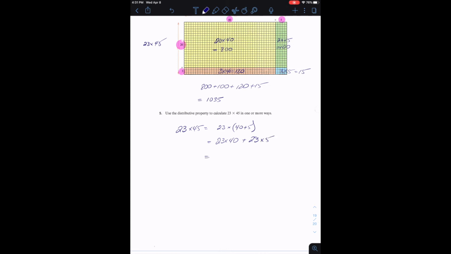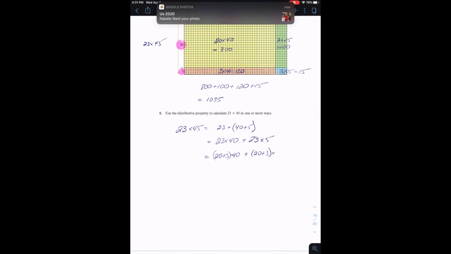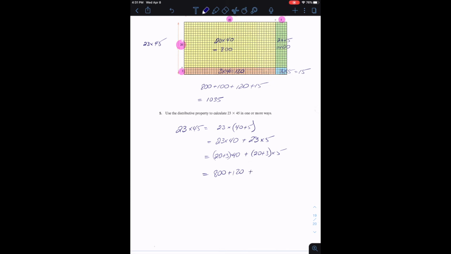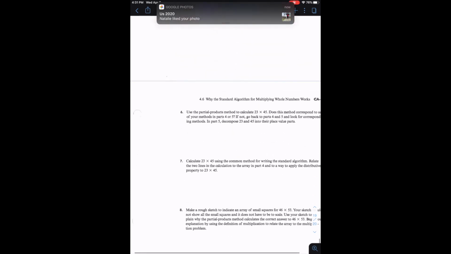And then what we would say is, well, 23 times 40 is not much easier than the original multiplication that we had. So we could say 20 plus 3 times 40, and the same as 20 plus 3 times 5 here. So we have 800 plus 120 plus 100 plus 15.